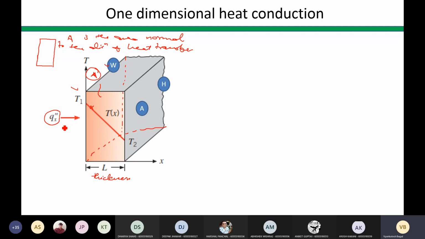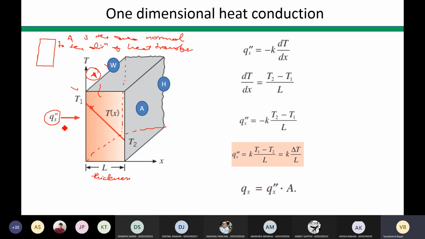Now I am going to apply Fourier's law of heat conduction to this situation, and I will derive the expression for the heat flux flowing through this simplest case of one-dimensional heat conduction. You can see Qx double dash is the heat flux, which is given as minus k dT by dx. We know this. Then I am evaluating dT by dx.